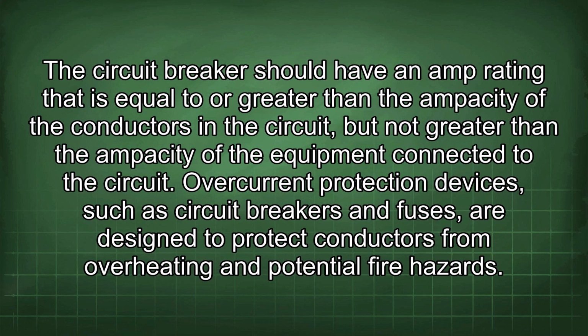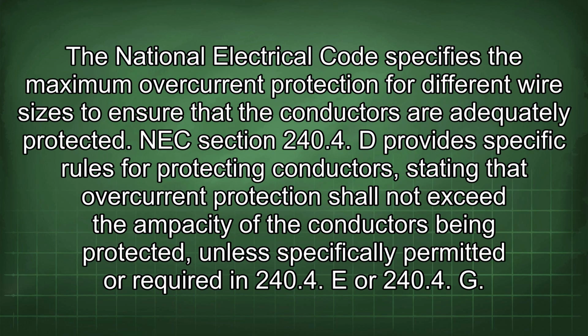Overcurrent protection devices, such as circuit breakers and fuses, are designed to protect conductors from overheating and potential fire hazards. The National Electrical Code specifies the maximum overcurrent protection for different wire sizes to ensure that the conductors are adequately protected.